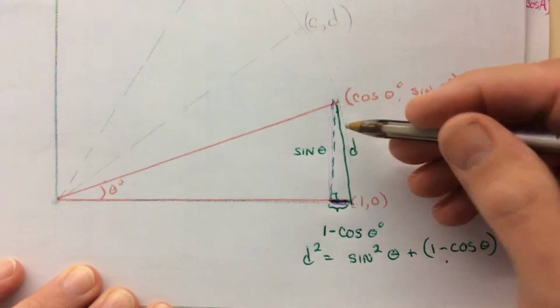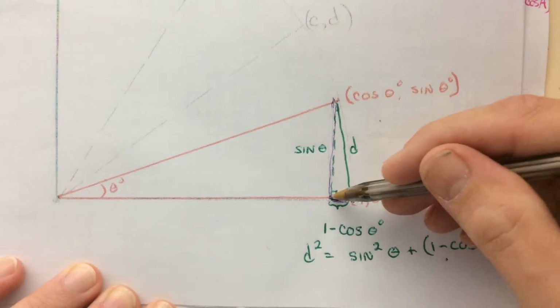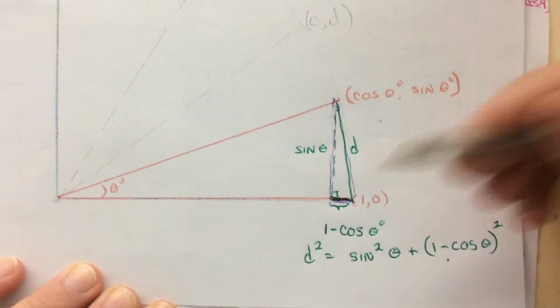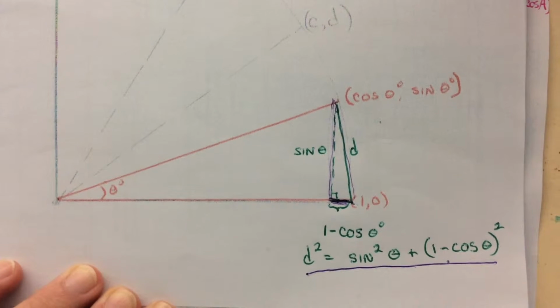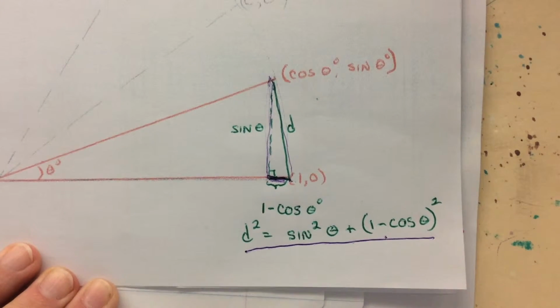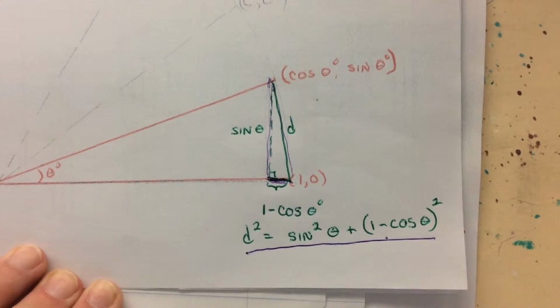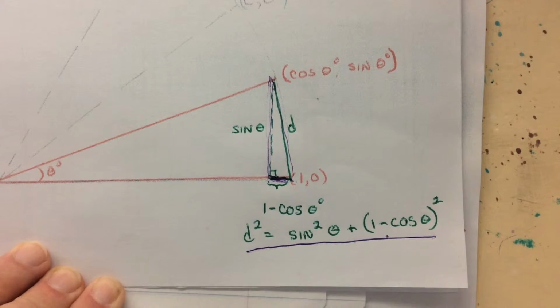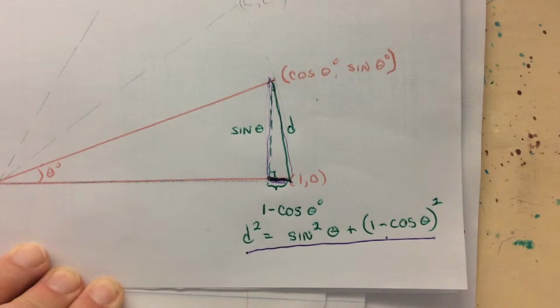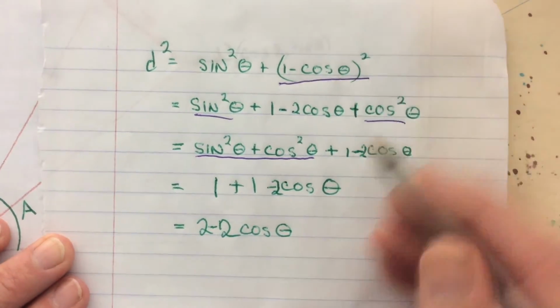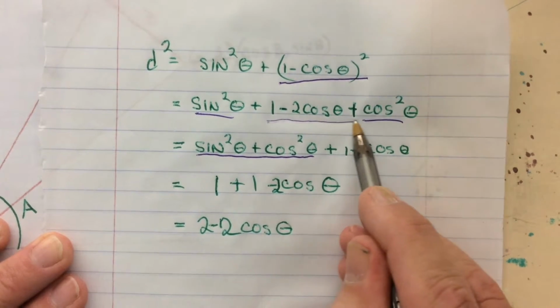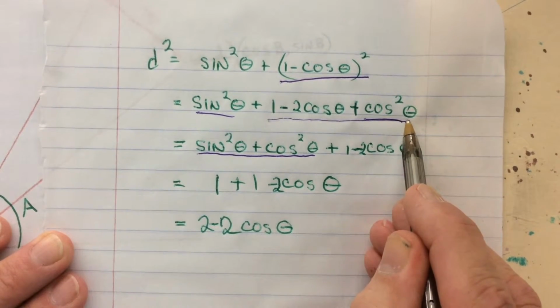And using the Pythagorean theorem, this squared plus this squared equals this squared. So we know that d squared is equal to sine squared of theta plus the quantity 1 minus cosine theta squared. If we expand it, we get 1 minus 2 cosine theta plus cosine squared theta.